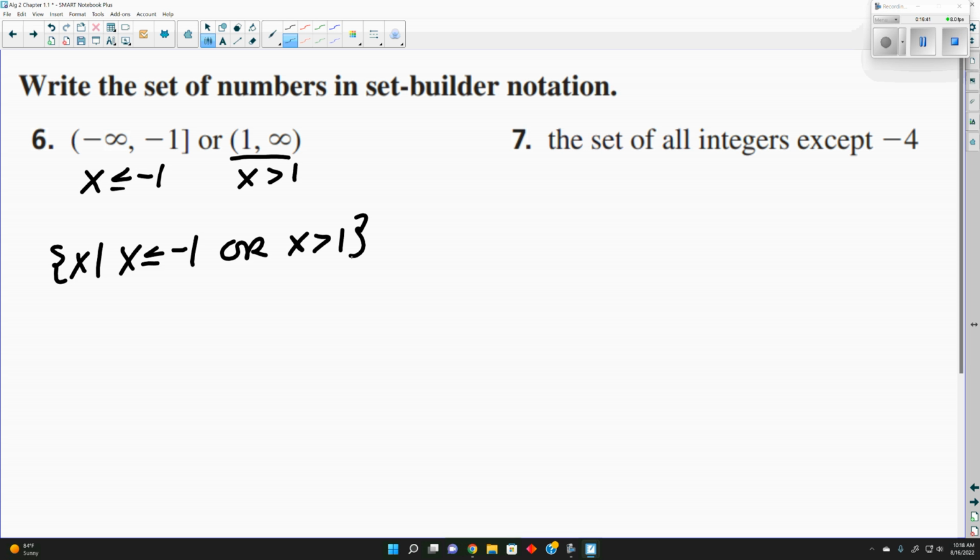We can do that, yes. So we could have said 1 is less than x because we're talking about x being bigger. As long as it's the correct statement that goes the correct way, I will take it. So I will take either one of those. Any questions on this here?